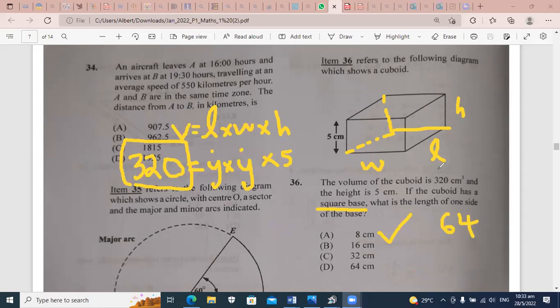What does the question say? Number 7, length of one side of the base. What's the length of one side? I couldn't use 64, because you'd be saying 64 times 5. It has to be 8. So the answer there is 8.